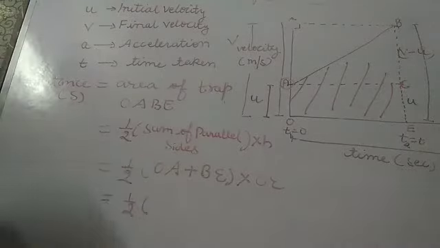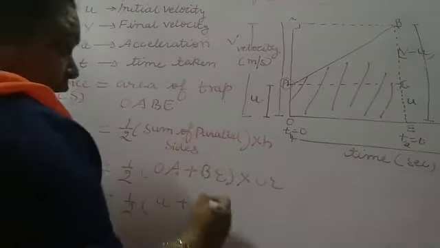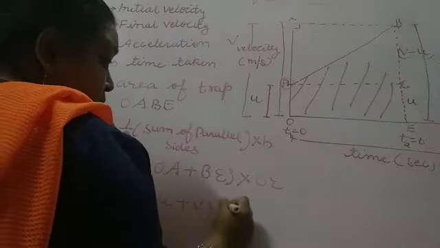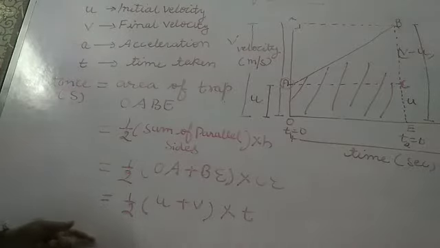In place of OA I can write U, in place of BE it will come V, multiplied by OE. What is OE? It is T.